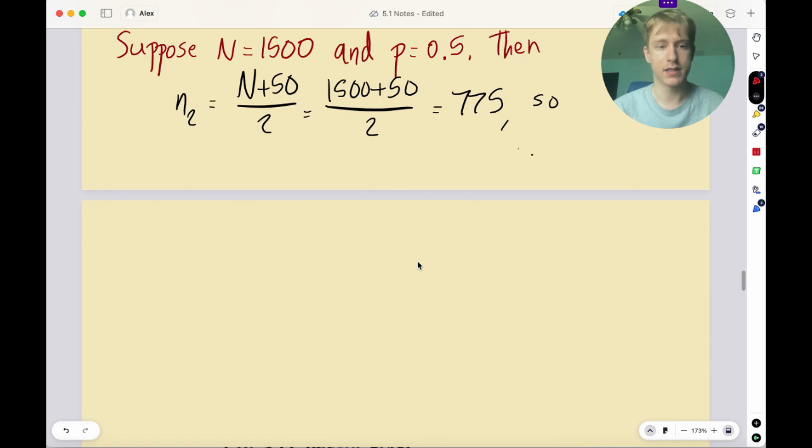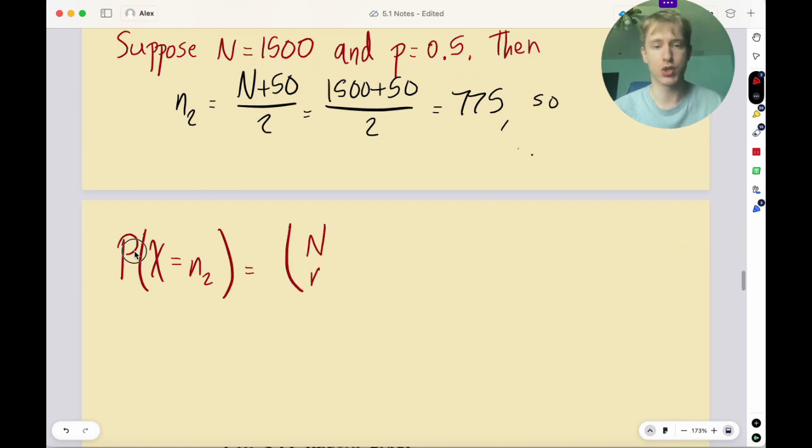We have that the probability that X is equal to, say, n2 is capital N choose n2 times the probability of success to the n2 times the probability of failure to the capital N minus n2.